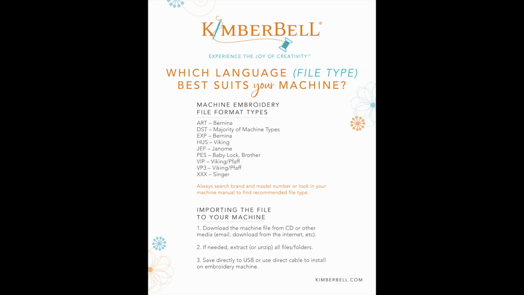So first thing you'll want to do, once you've figured out what your machine type is, then you're going to download your machine file type. For example, if I were using a Janome and I would want to download a JEF file, the first thing I would do is either put my CD in, or if you're using it as an email or a download, you'll want to download that to your computer.